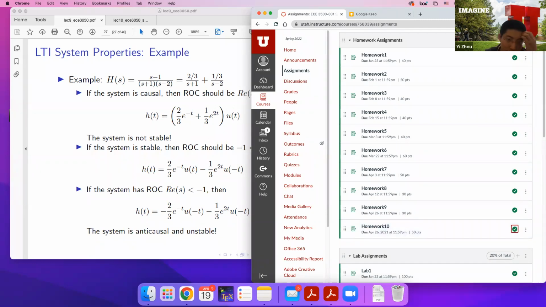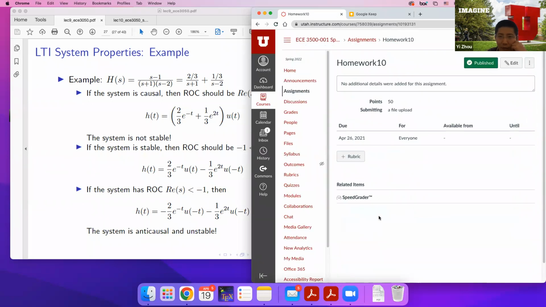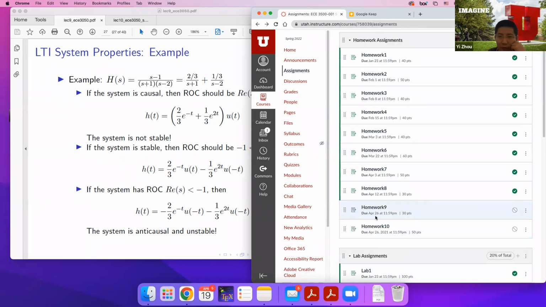Today is, I think homework 10 is actually, wait a minute. It's 2021, so homework 9.